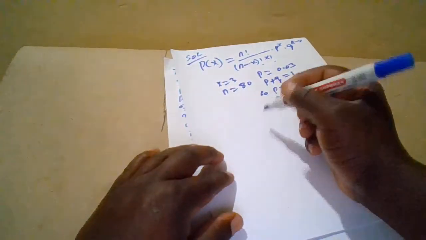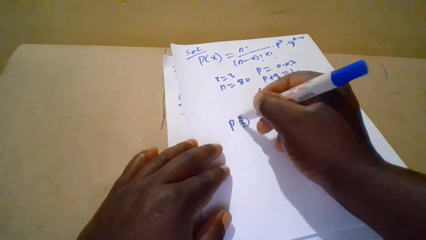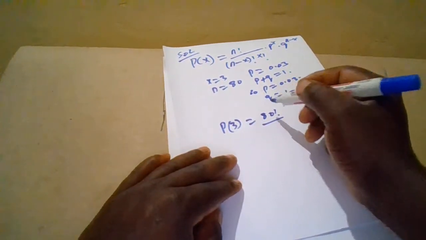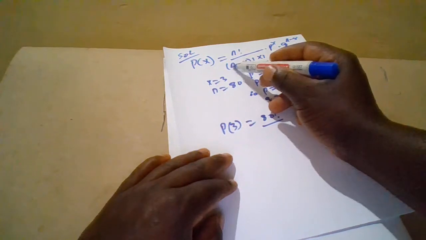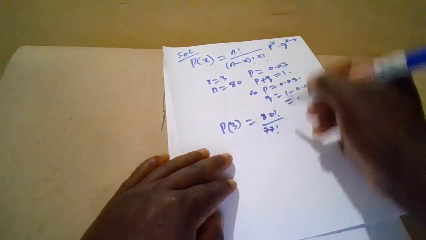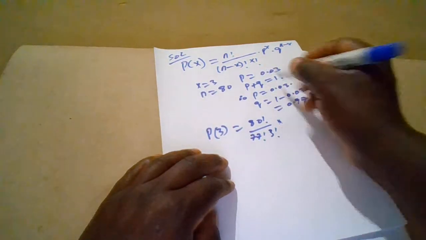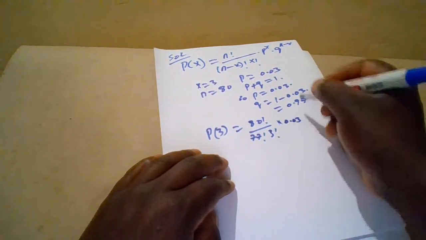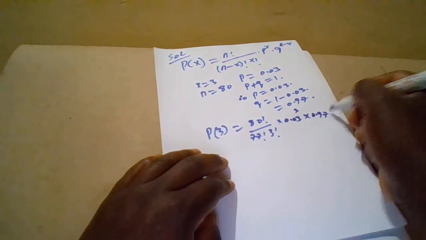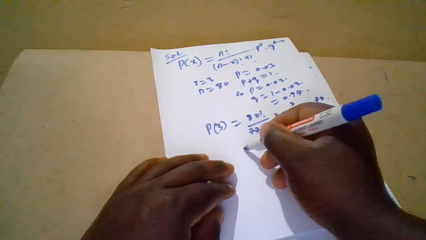Therefore, the probability that exactly 3 are rejected equals 80 factorial all over n minus x, which is 80 minus 3, 77 factorial, times 3 factorial, which is our x, times p, which is 0.03 raised to x, which is 3, times 0.97 raised to n minus x, which will be 77.